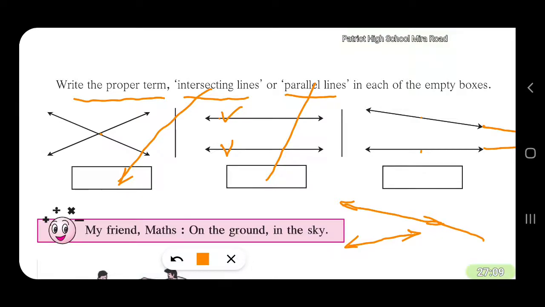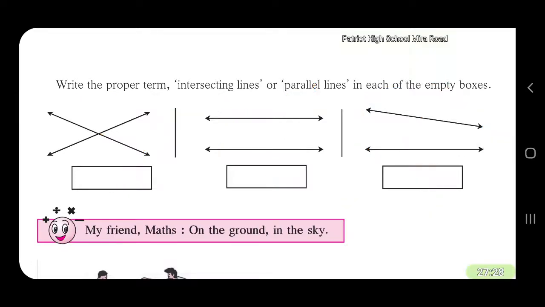So we can have an intersecting point further down. So this pair will also intersect further down if produced. So these are intersecting lines. So you can call them intersecting lines.